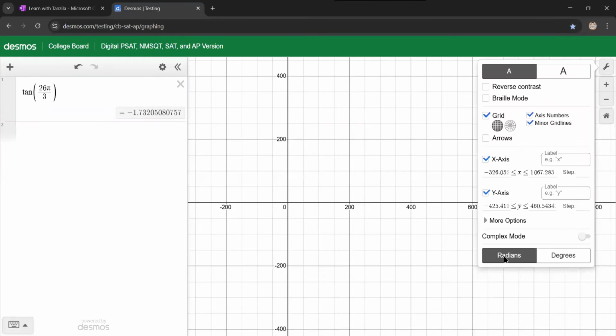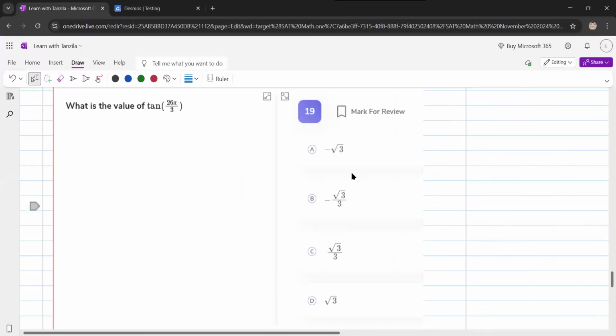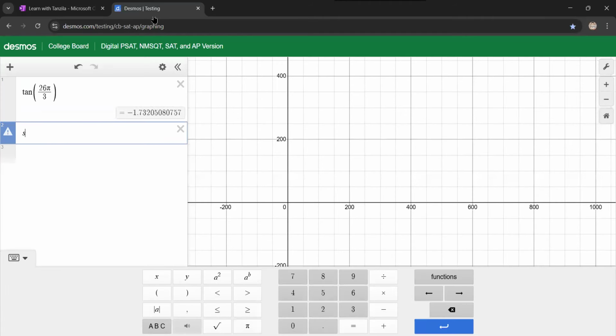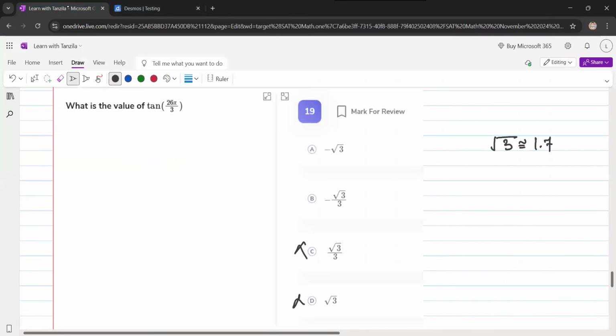Check once. Yes, I'm working in radians. Negative 1.7 means my answer is not positive, so C and D are not my answer. And if you check, root 3 is approximately 1.7. I'll show you once: the square root of 3 is 1.7. See, same number. That means my answer is A.